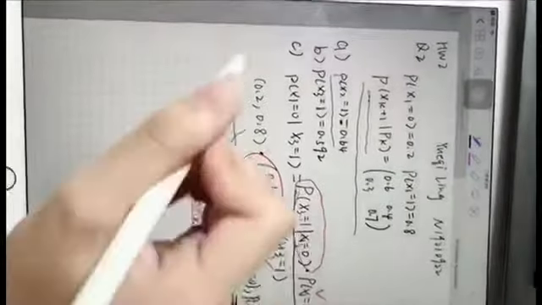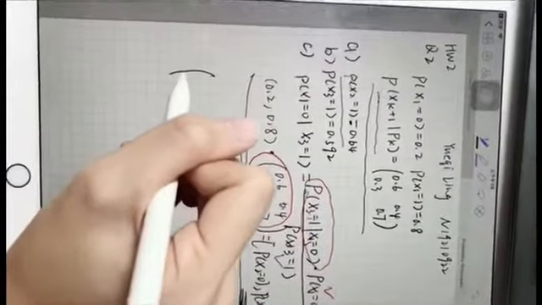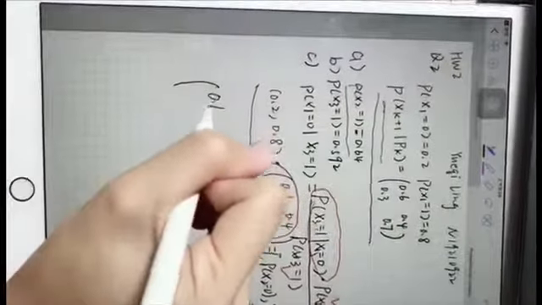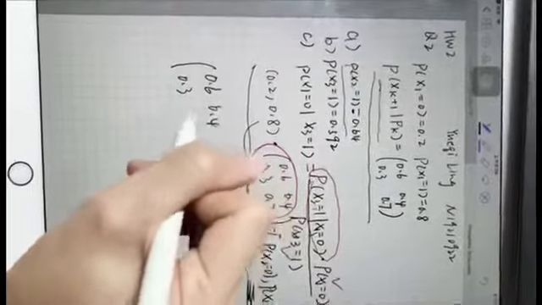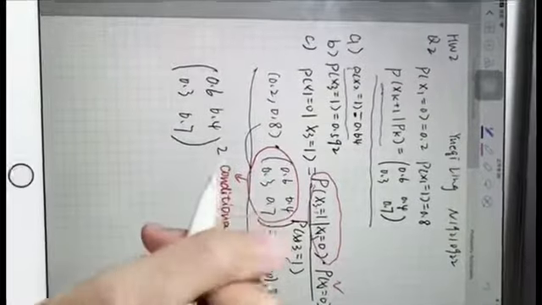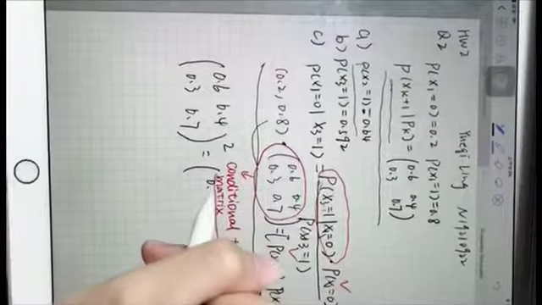So for question C, the square of this matrix equals this.